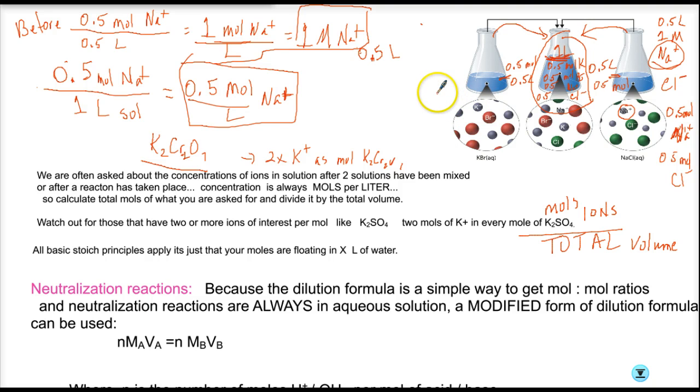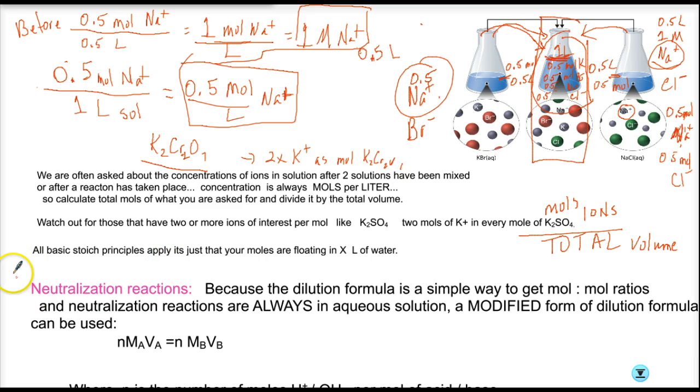If you pretended that this was, let's say, Na plus and Br minus, then you would be adding a source of sodium ions from here and a source of sodium ions from there. So these would be additive. So if I had 0.5 moles here and 0.5 moles from here, I would have 1 whole mole of sodium ions in my new solution, okay?